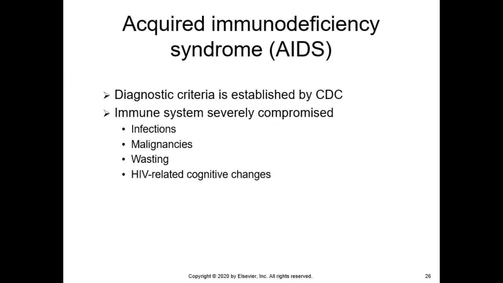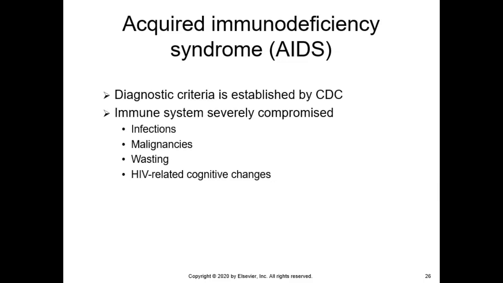And so this is AIDS, right? The criteria is established by the CDC. And I always encourage you guys to definitely go to the CDC website and look at it, because sometimes criteria changes, and that's how we become good practitioners, by always staying up to date.